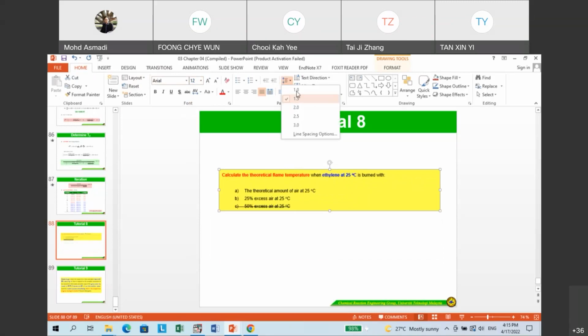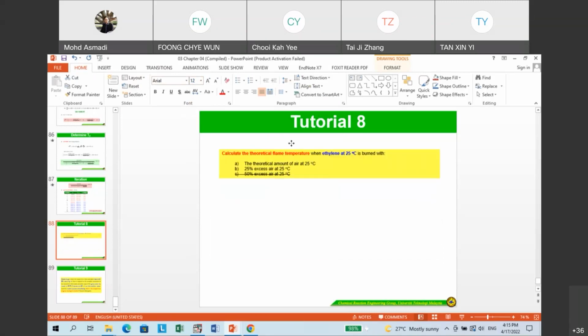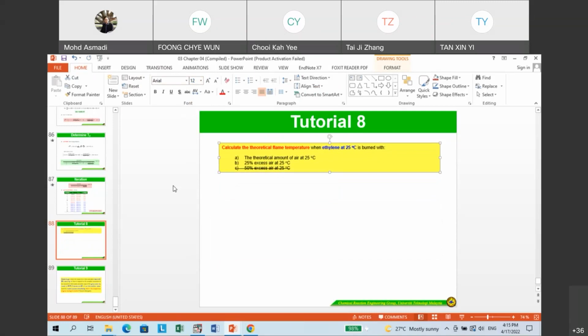I hope that you already read this one. Our target is to find the flame temperature, the final temperature for the ethylene at 25 degrees C. So first you have to know the reaction equation. The reaction is C2H4 going to 2CO plus 2H2.